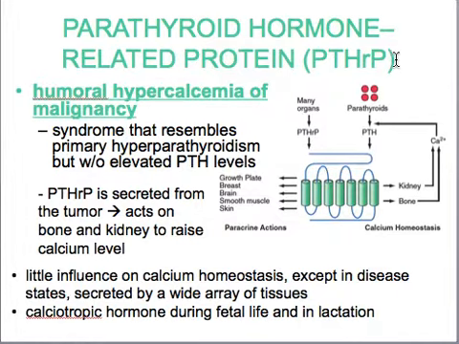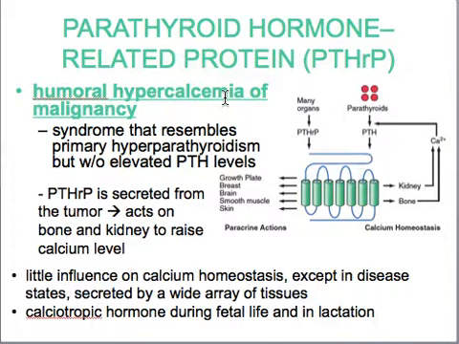And in disease states, your PTHrP mimics your parathyroid hormone and acts on the PTH receptors in your bones and in your kidneys. And if you have an excess in your PTHrP, you will have humoral hypercalcemia of malignancy.